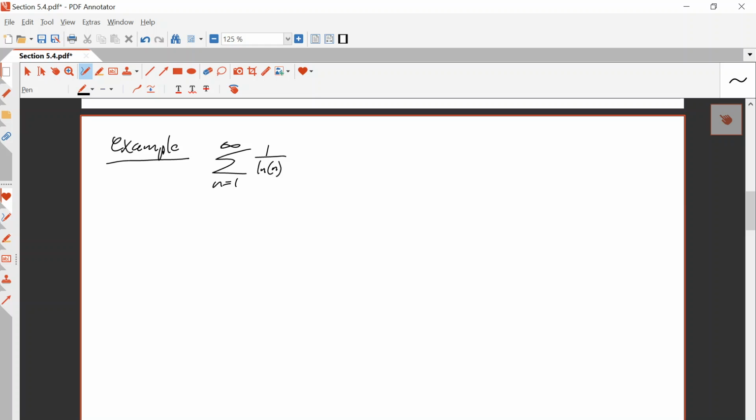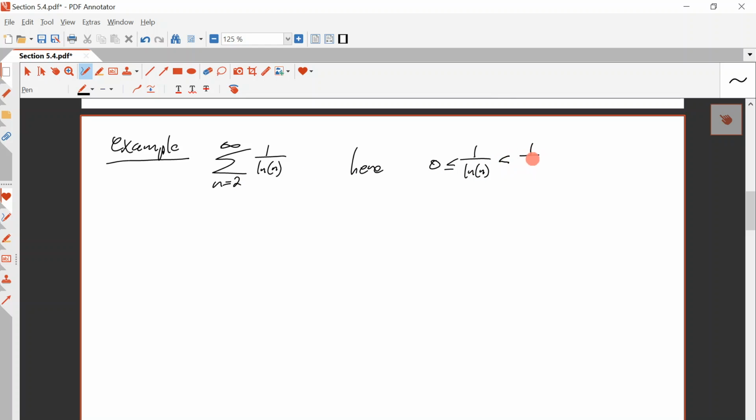I'm not sure if we did this already in section 8.3. I believe we did one like it. Anyway, so this one here, I guess we've got to start at n equal to 2. So here, 0 is less than or equal to 1 over natural log n. Right? Natural log is a positive number for n's bigger than 1.